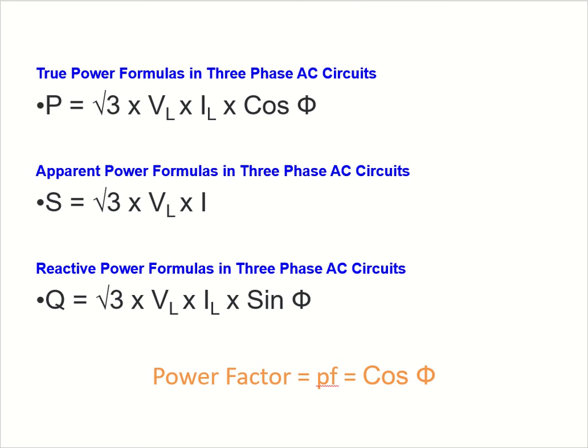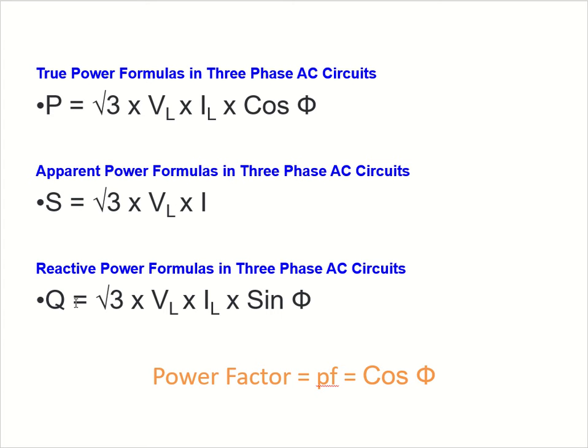Here we have the three formulas. The first one is for real power, and the equation is square root of 3 times the line voltage times the line amperage times cosine of phi, which is your angle. The apparent power formula is S equals square root of 3 times the line voltage times your amperage.